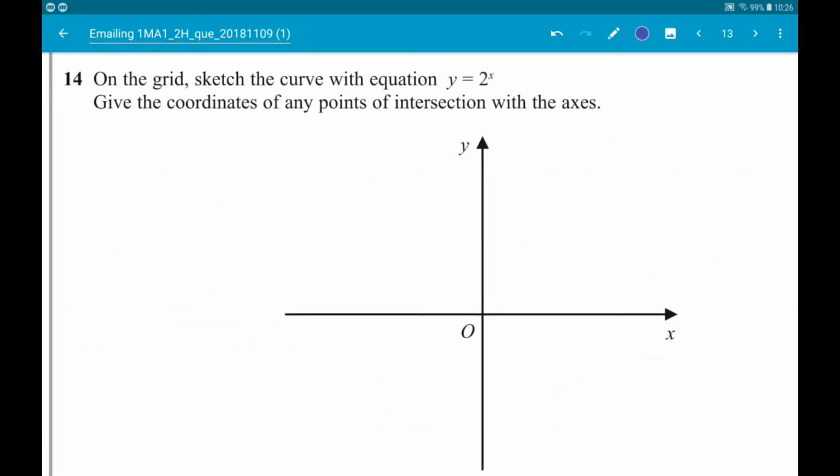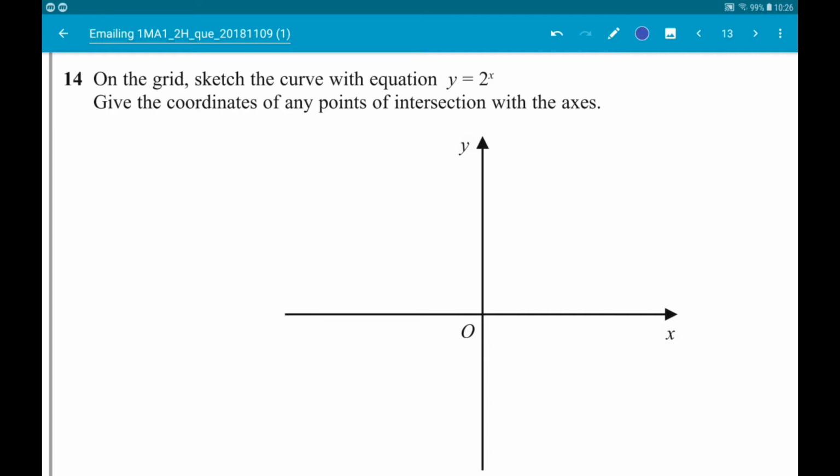Okay, number 14, an exponential curve. So on the grid, sketch the curve with equation y equals 2 to the power x. And we want to give the coordinates of any points of intersection with the axes. Okay, so exponential graphs pretty much all look the same.